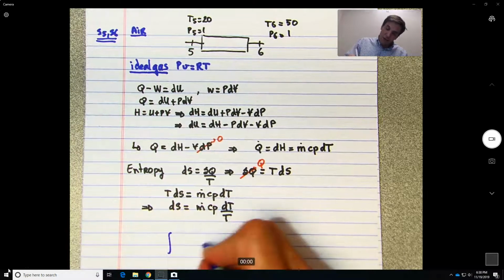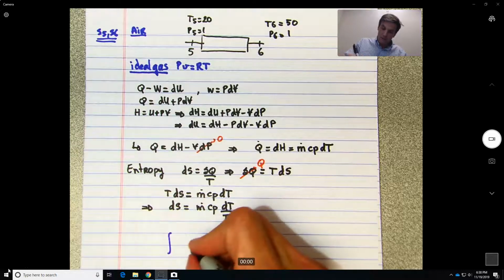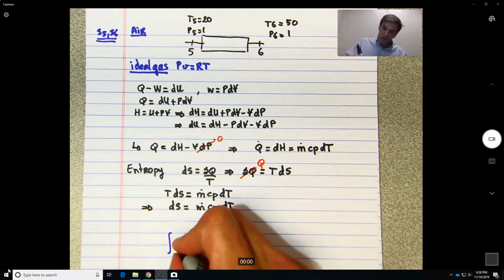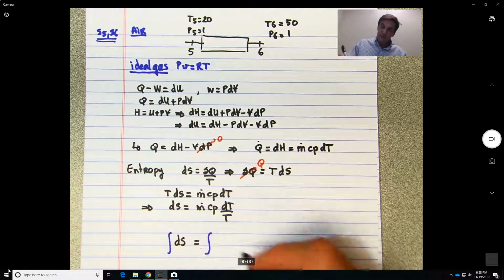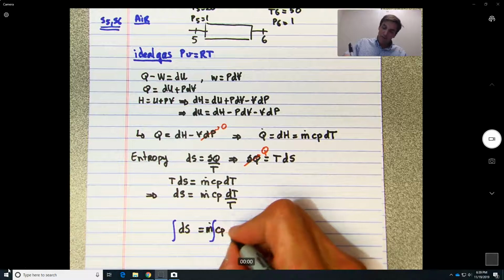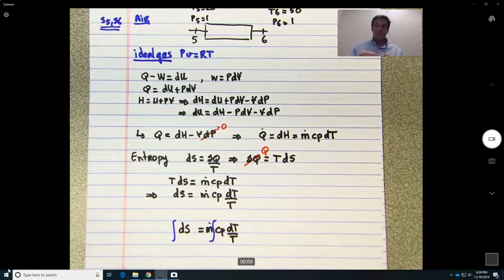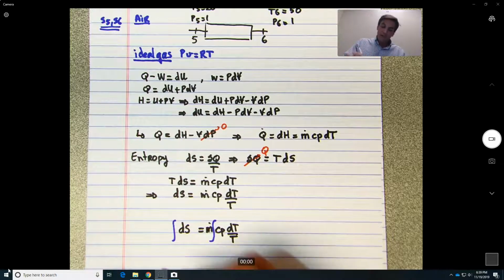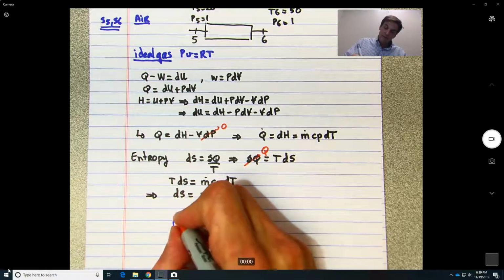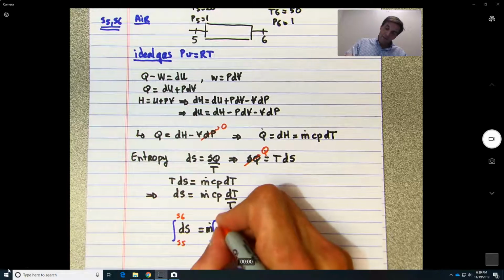Next, I'm going to integrate. So what do I get here? ds equal to M is constant, Cp is also constant, dT over T, and here we're integrating, what are the limits? S5, S6, T5, T6.